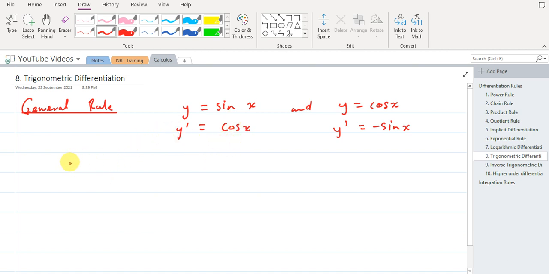For example, let f of x be equal to sin x.